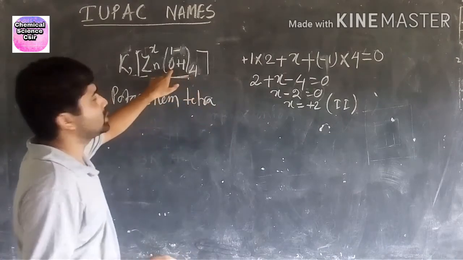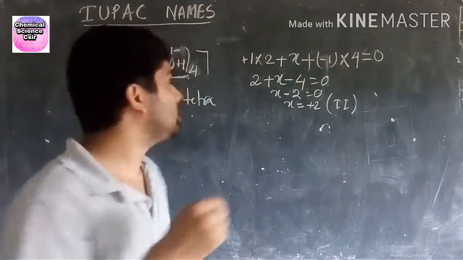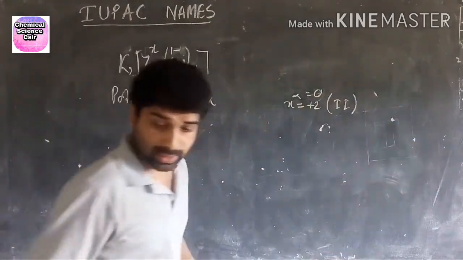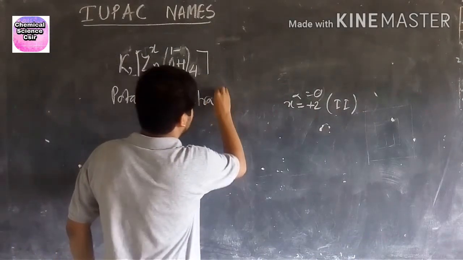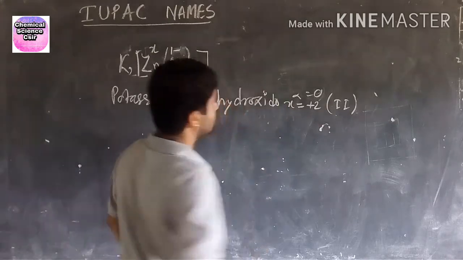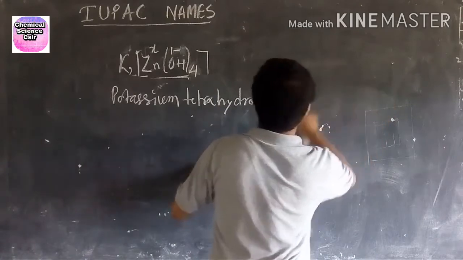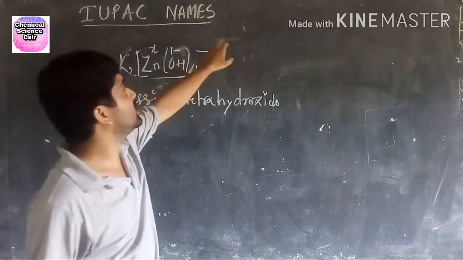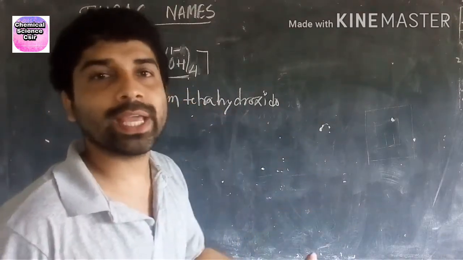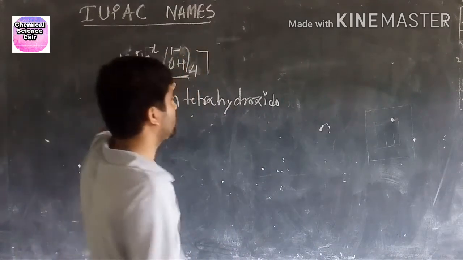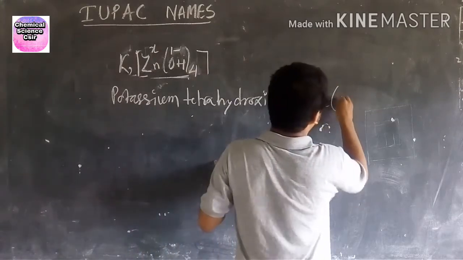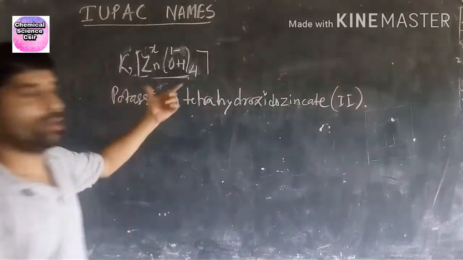So tetra, and this one is hydroxide, so you write hydroxido. Since this complex is negative, the name zinc is written as zincate, and the oxidation number is 2. This is the IUPAC name.